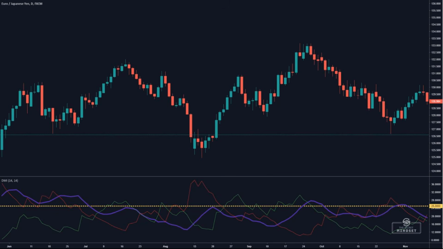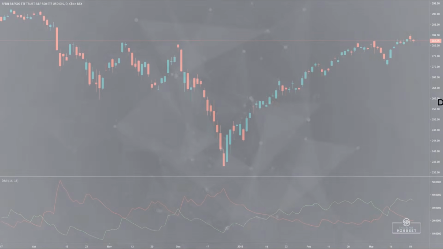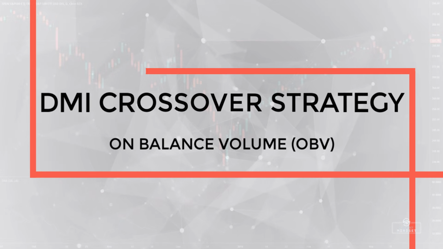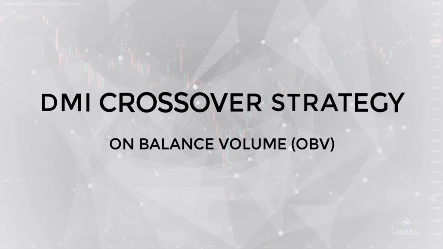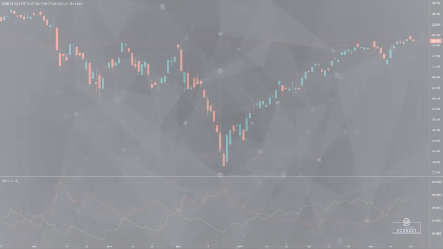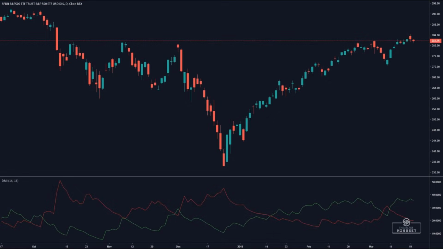Now that we fully covered the good and the bad regarding the ADX, let's see how we can use it in a trading strategy. The trading strategy involves a DMI crossover confirmed by the on-balance volume. As we previously saw, a common way to take entries with the ADX indicator is by spotting the DMI crossovers.